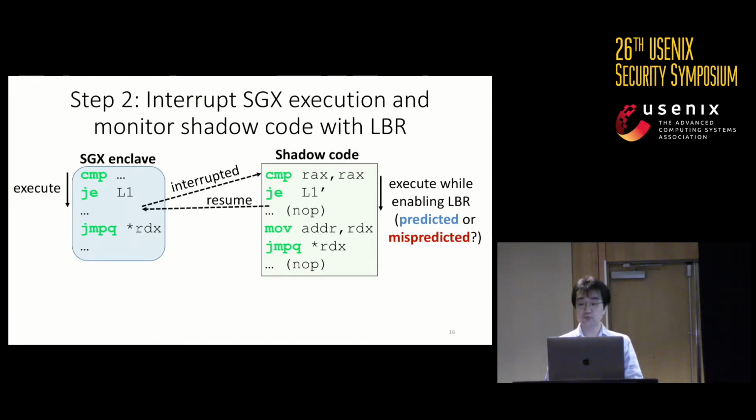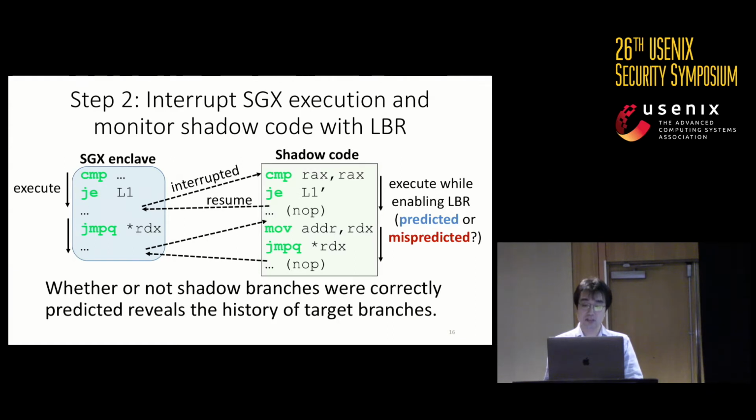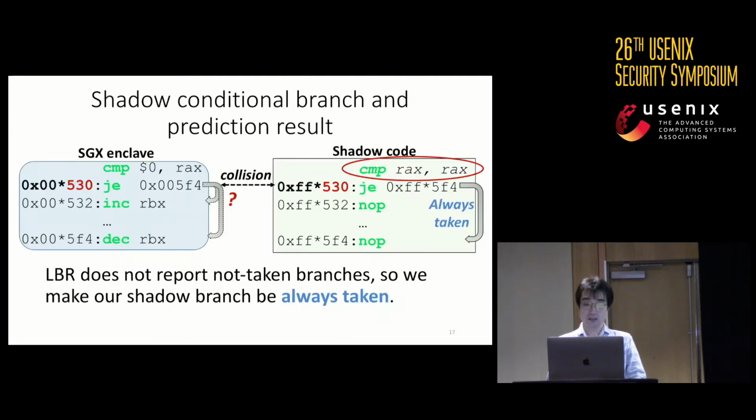Then we resume the SGX enclave again and repeat this operation to observe all of our target branch's execution. Note that whether or not the shadow branch has been correctly predicted or mispredicted reveals the history of the target branch instruction inside SGX.